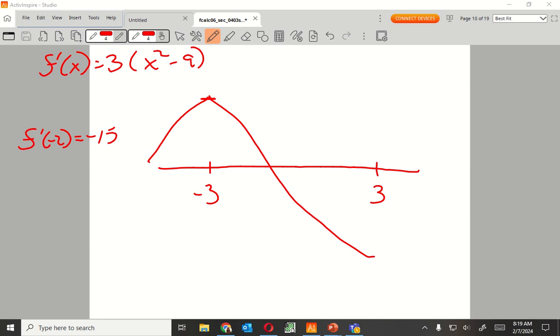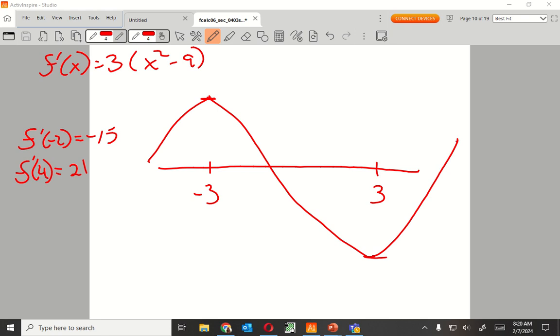Okay, and if I check the other side, let's do 4. So f prime of 4, 4 squared is 16, minus 9 is 7, 7 times 3 is 21. So that's a positive number. That means it goes to a slope of 0 right here, and then all of a sudden it changes up to a positive slope.